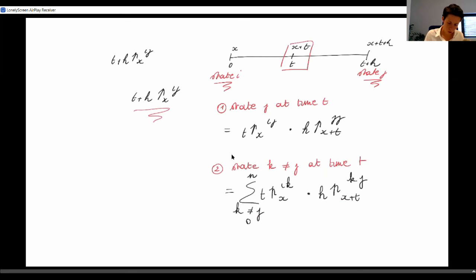I'm going to use our earlier derived expressions, namely number 4. And number 4 was about t p_x^ii equal to t p_x^ii-bar plus little o of t.